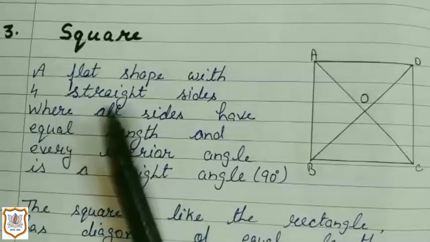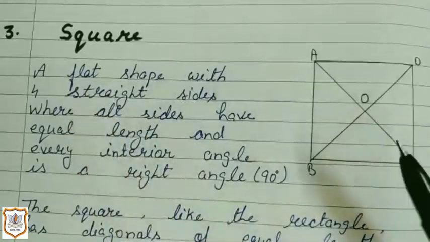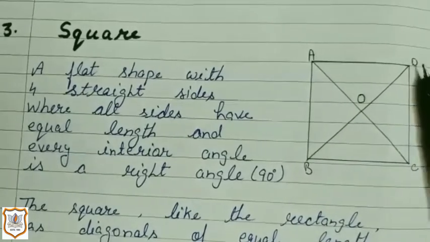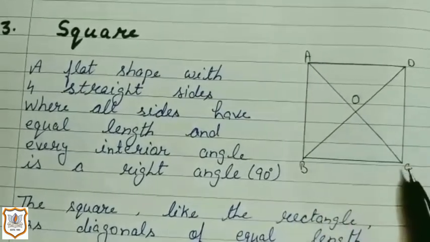Now we will study about square. Look at figure ABCD. It is a square because all sides of a square are equal.